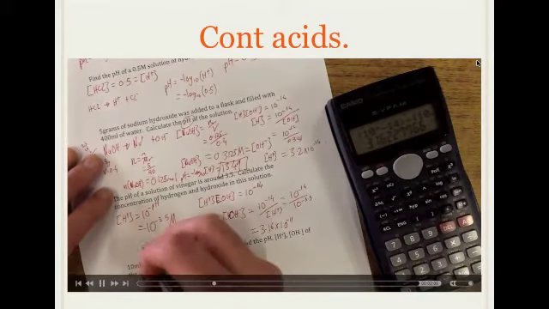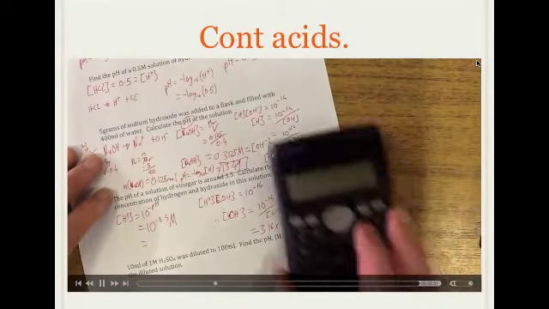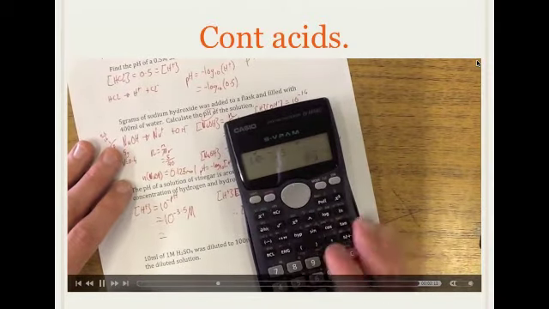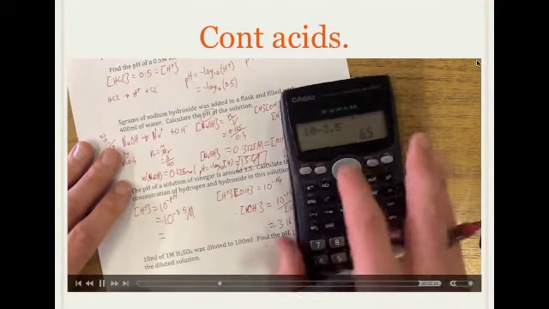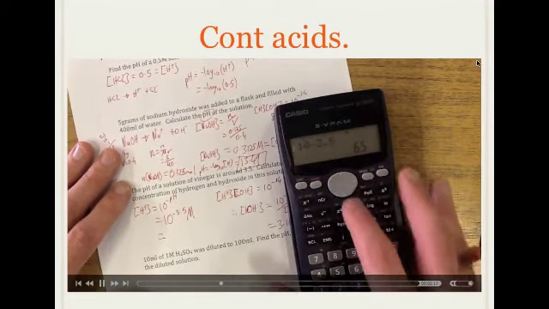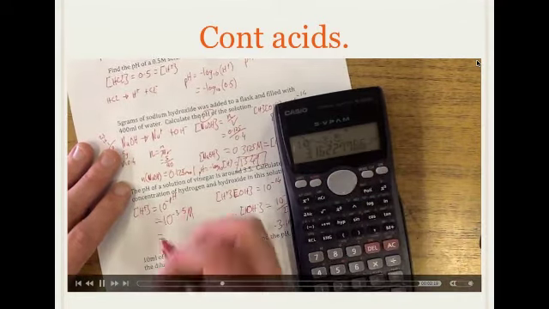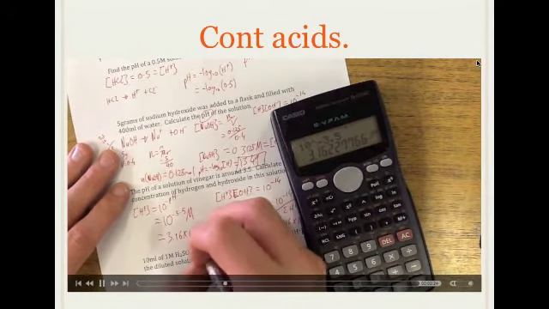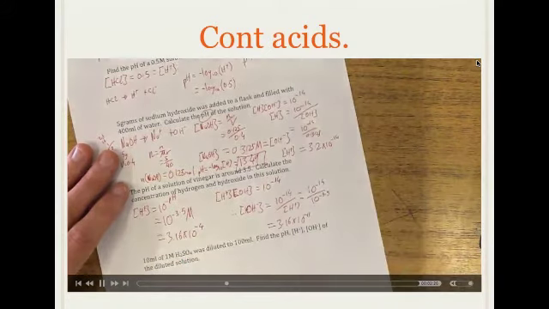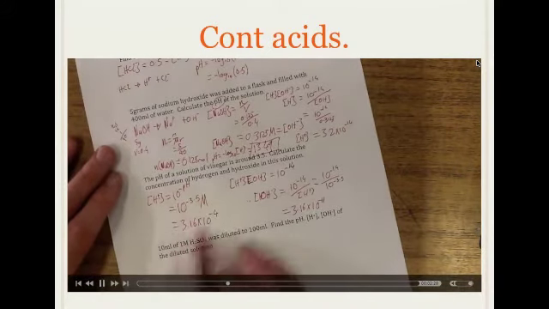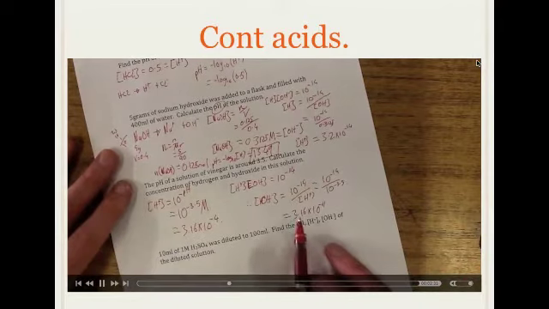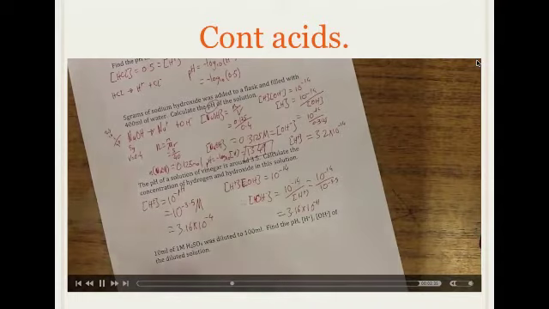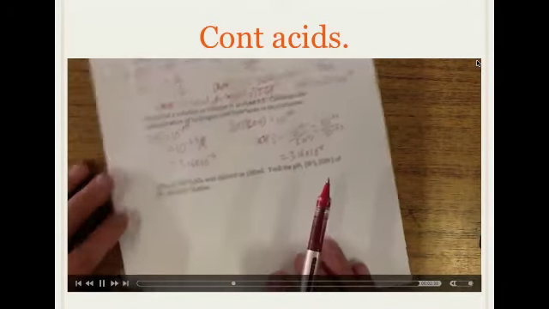Alright, I can work this out on my calculator as well to get it to a nice format. 10 to the power of negative 3.5 equals 3.16 times 10 to the power of negative 4. So therefore we have our concentration of hydrogen using this equation here, and concentration of hydroxide using our ion product rule. You're going to need to know how to convert and move between these things as well.